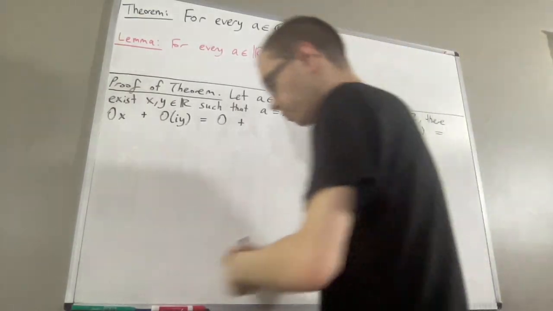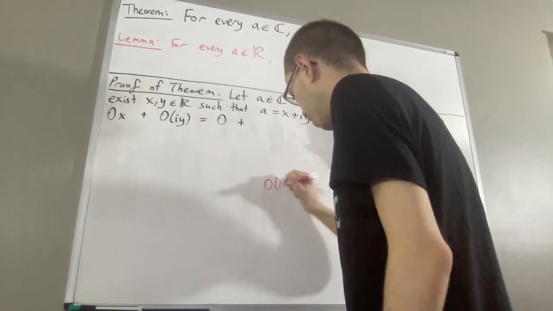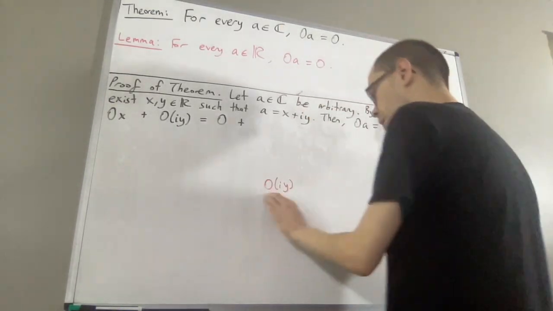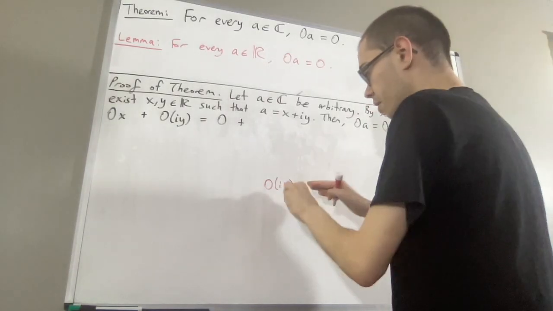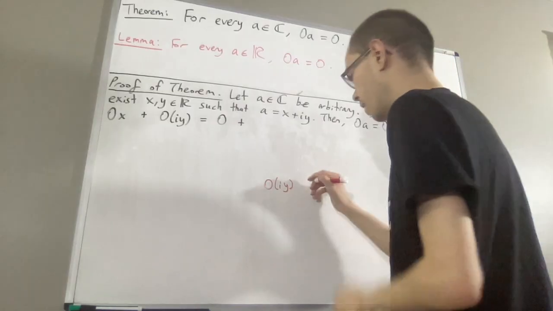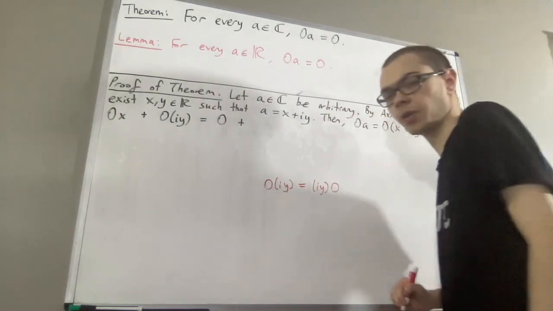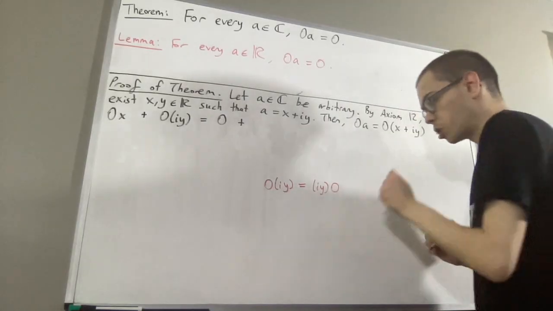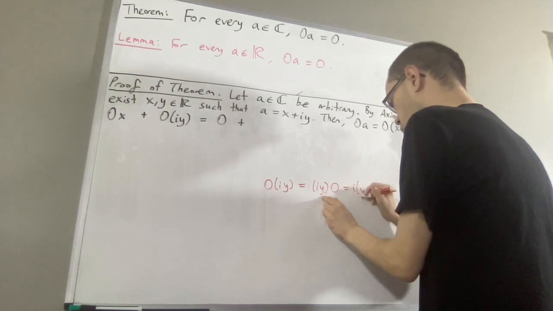Well, I'm going to save us the trouble, but really if we manipulate this, since we have the commutative law of multiplication, we can flip 0 and iy around, so we get iy times 0. And then by the associative law for multiplication, we can move these parentheses around, y times 0.